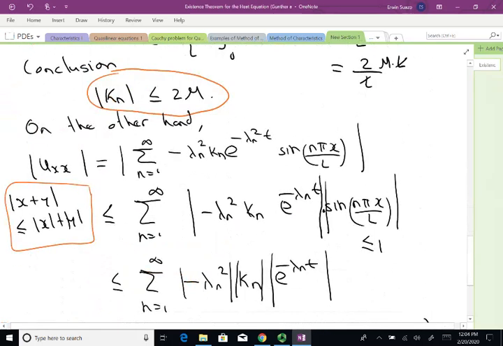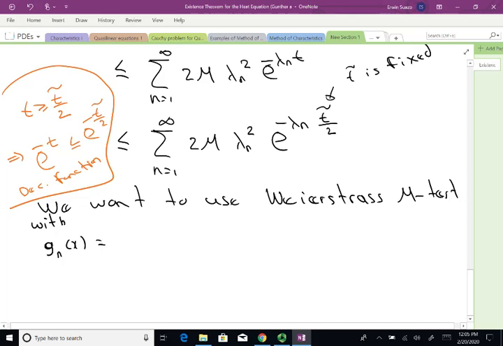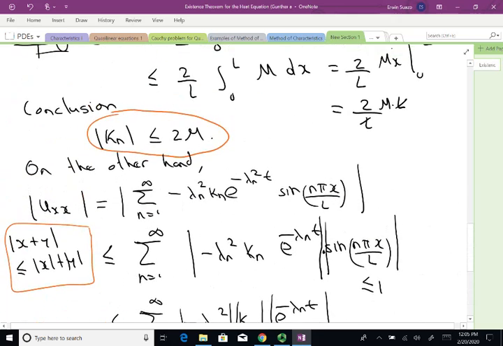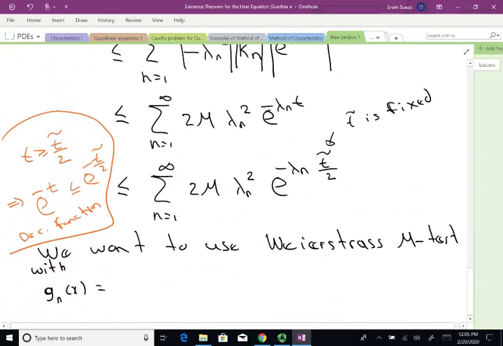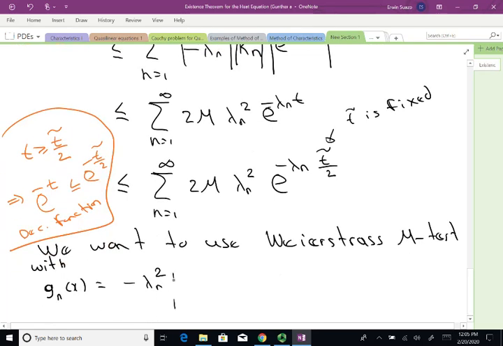So we want to use the Weierstrass M-test with g_n(x) in this case being minus lambda n squared k sub n e to the minus lambda n squared t sine n pi x over L.